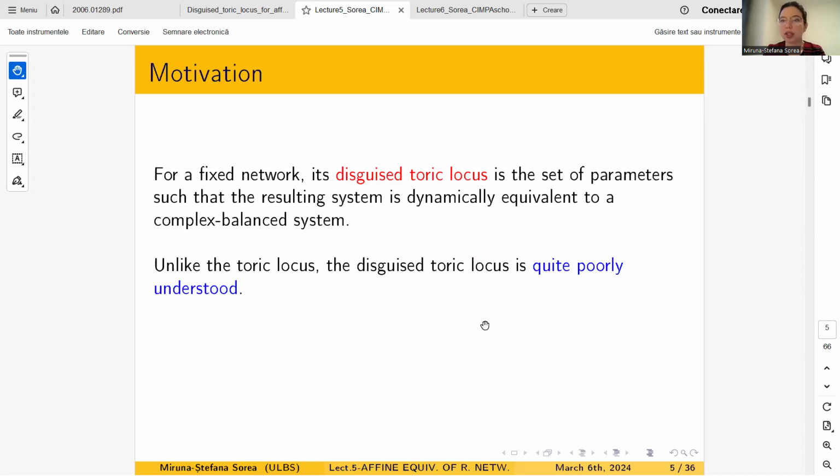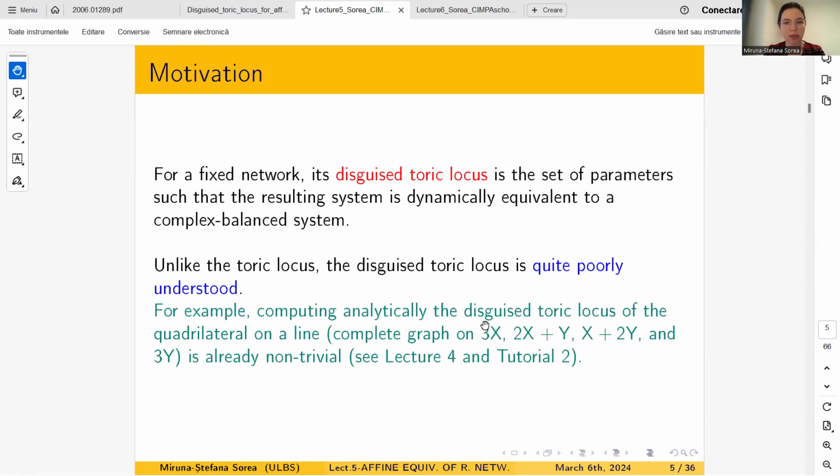But the disguised toric locus is quite poorly understood when compared to the toric locus, where the work by Craciun, Dickenstein, Shiu, and Sturmfels clarified the codimension and everything. And why do I say it's quite poorly understood? Well, even for the quadrilateral on a line, remember we saw it last time, in order to completely describe the dynamics of this network, we had to divide the parameter space into 4 chambers.